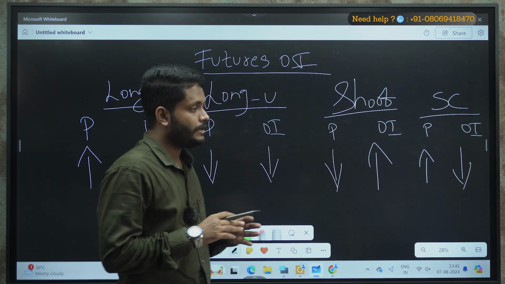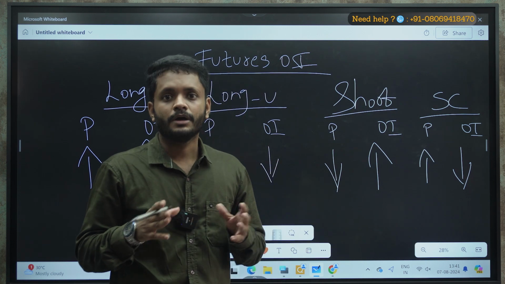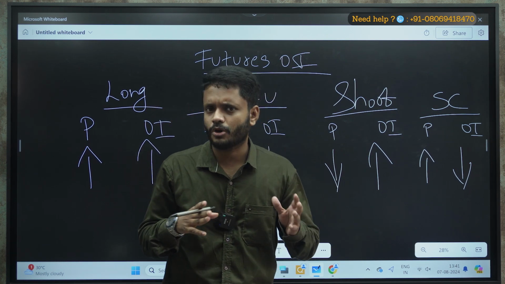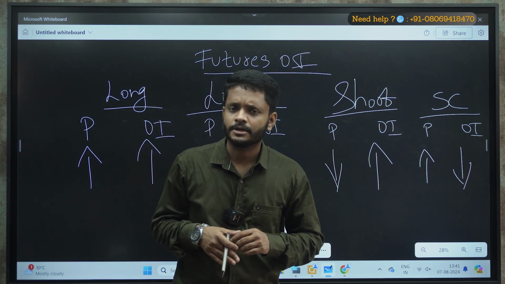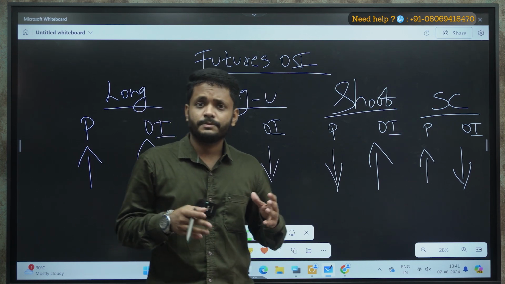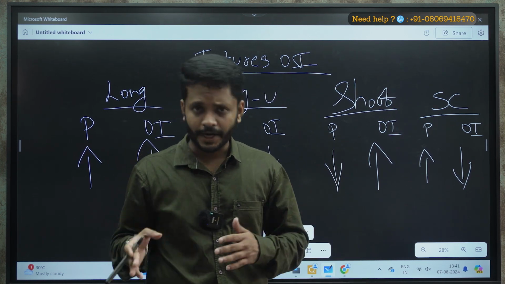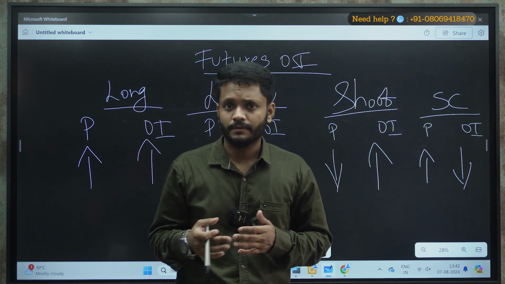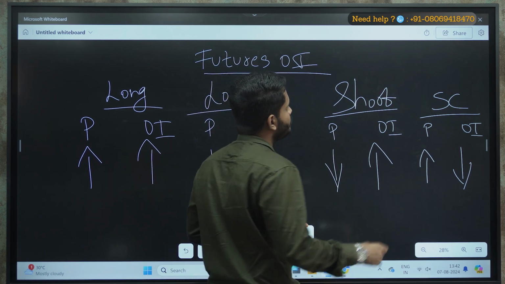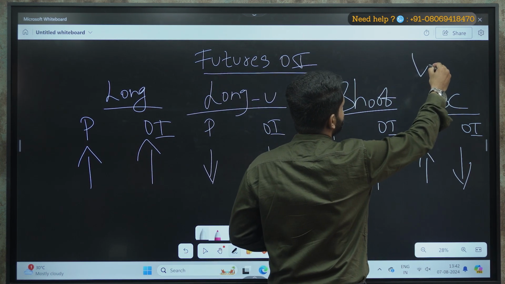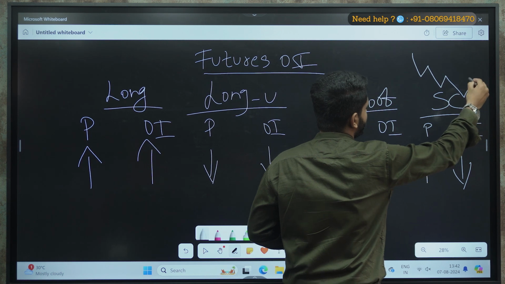Now, say you are expecting a stock to come down from 200 to touch 100 levels. But is it possible that the stock will touch 100 from 200 overnight? The answer is no. How it usually happens is the stock comes down, goes up, comes down, goes up, correct?